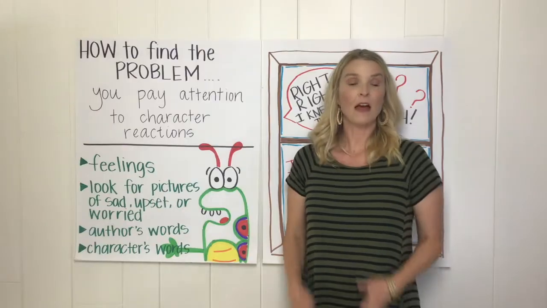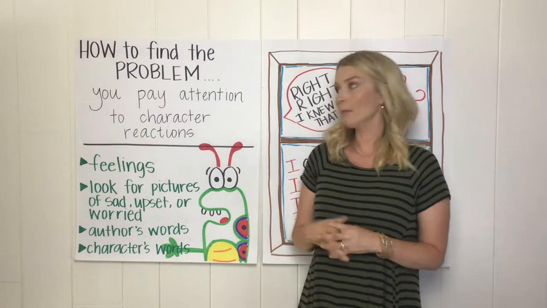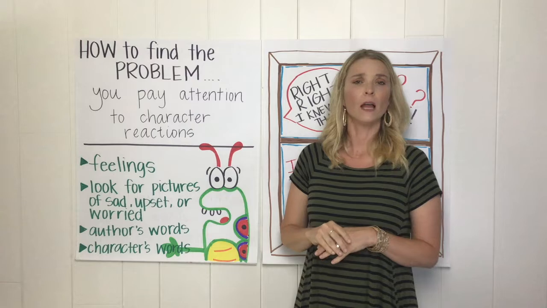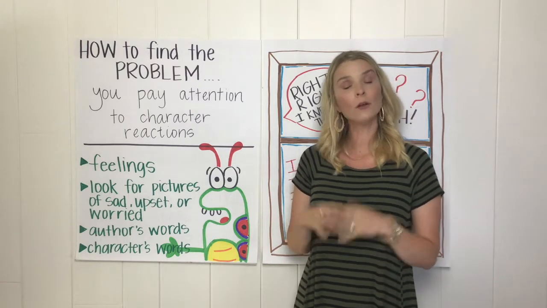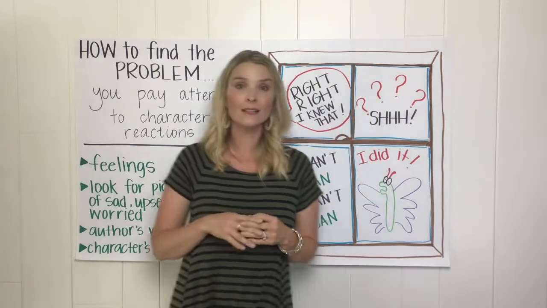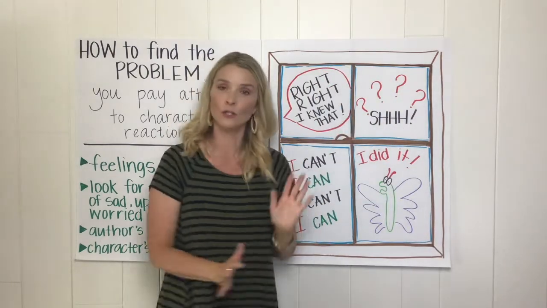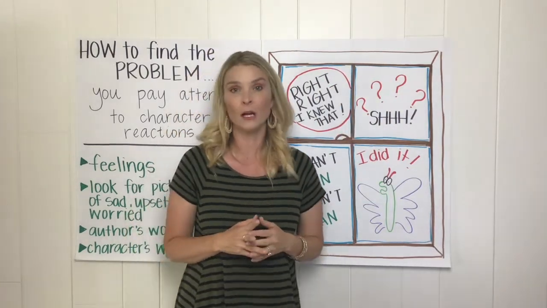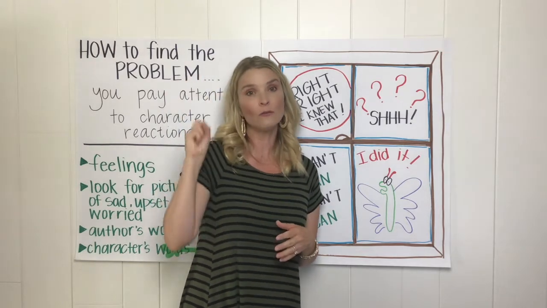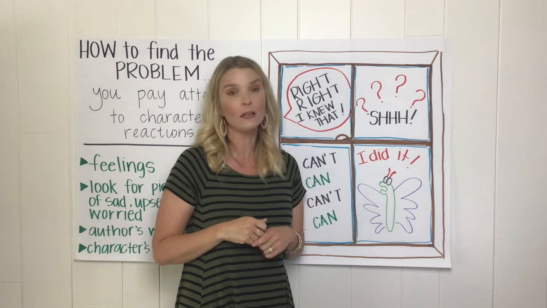All right, readers, now that you guys have practiced finding the problem using some of the character reactions in your story, I want you to now think about how your character reacted to the problem. That sort of gives us a little window into your character so we can better understand them. So this is a challenging activity, but as you've now identified the problem, you're ready for this.